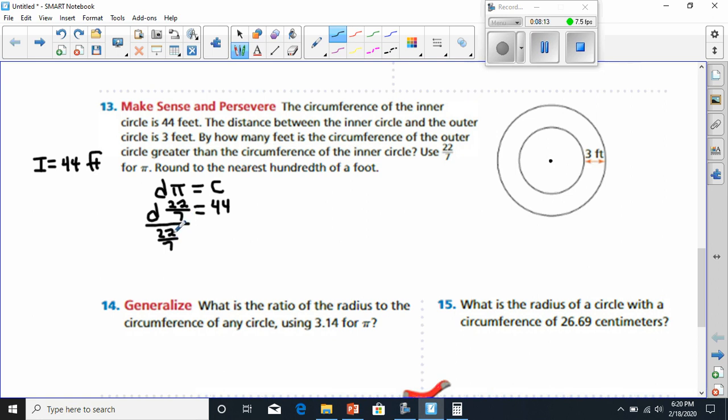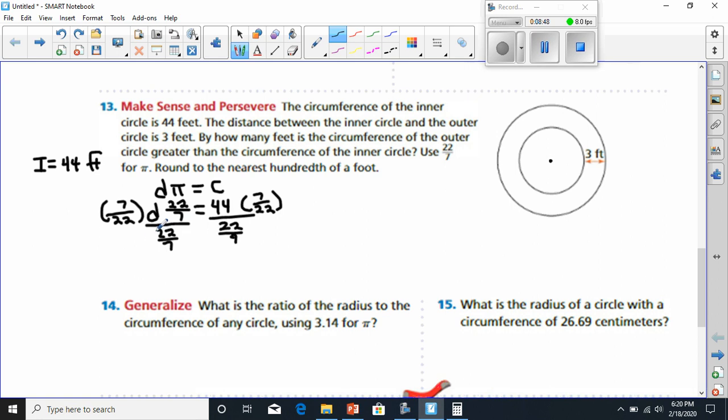So when I do that, I have to divide this side by 22/7. Now, what this means is I'm really multiplying it by 7/22, which means I could just say that I'm multiplying this side by 7/22, because whatever I do to one side, I do to the other, right?